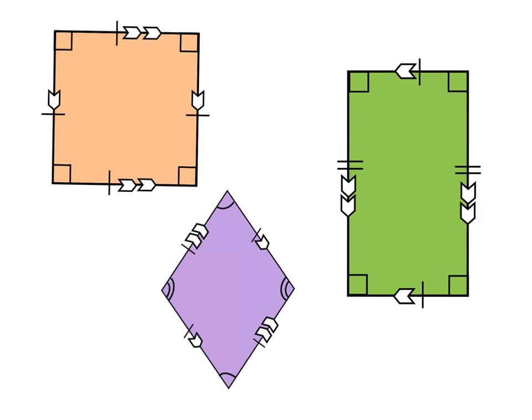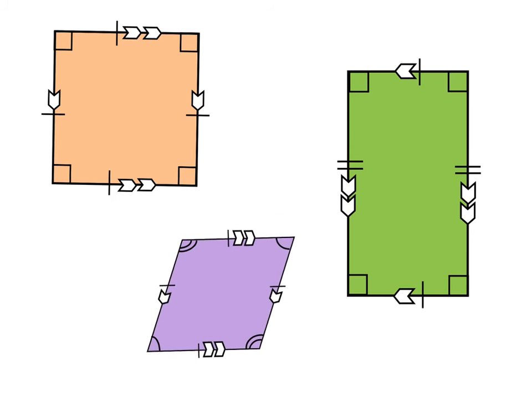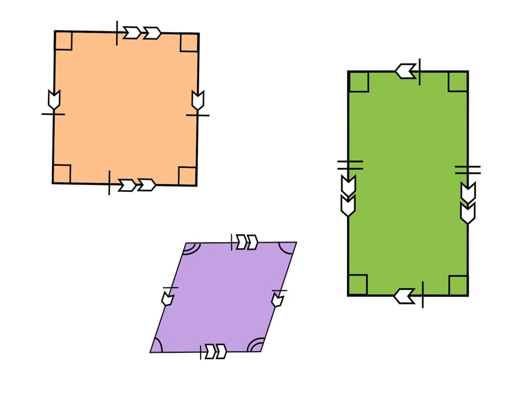The other mistake that's often made is with this one over here. People see that purple one, and when it's turned sideways, they see it as a rhombus because it has four congruent sides. It doesn't have four right angles, so this is a rhombus that is not a square, but it is in fact a rhombus.